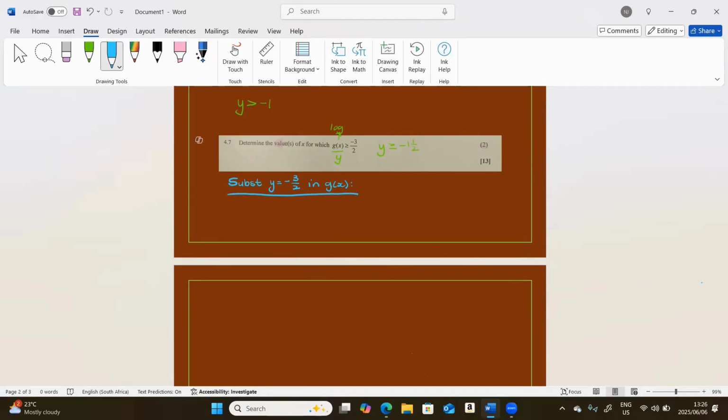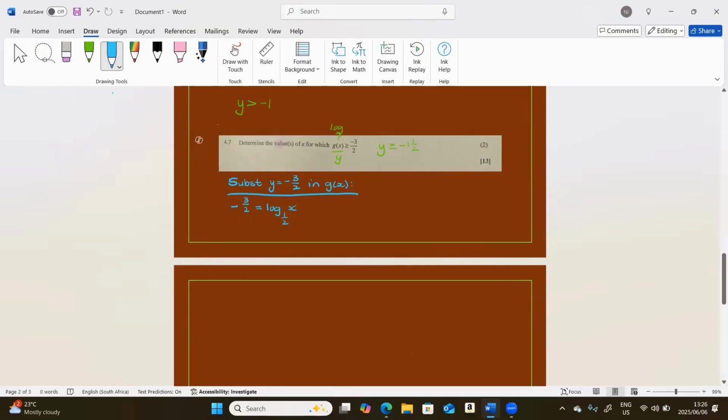Okay, so therefore we are going to say negative 3 over 2 equals log, remember it's in the log function, log x to the base a half. Remember we just substituted y with negative 3 over 2 to get the specific x value to help us with our answer, because they want values for x.